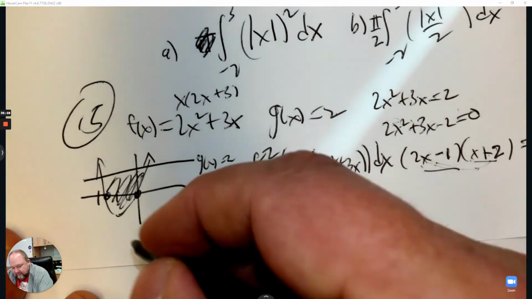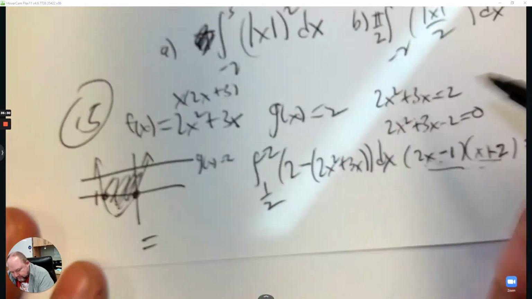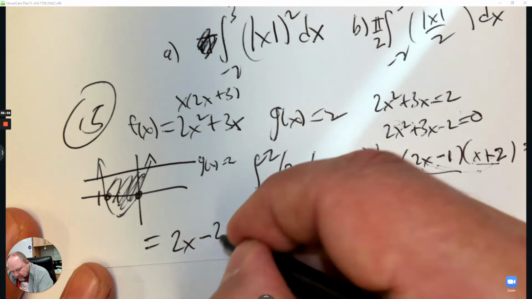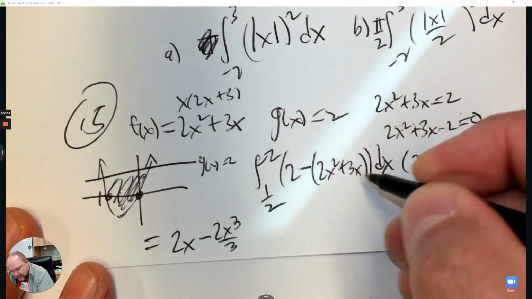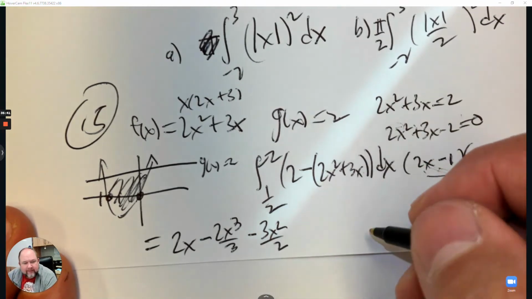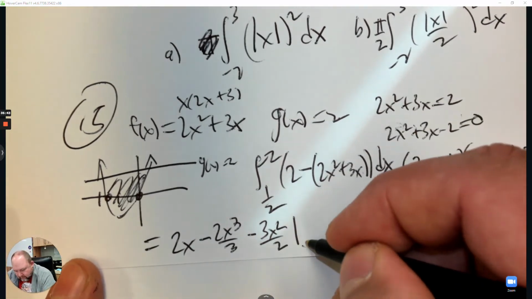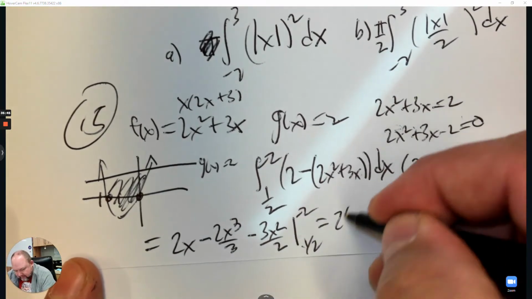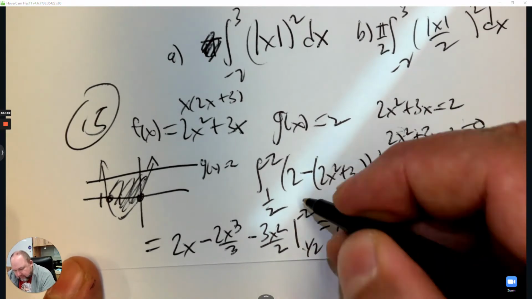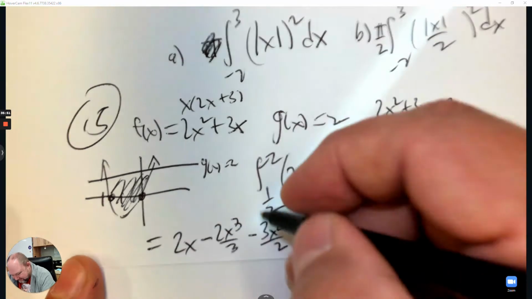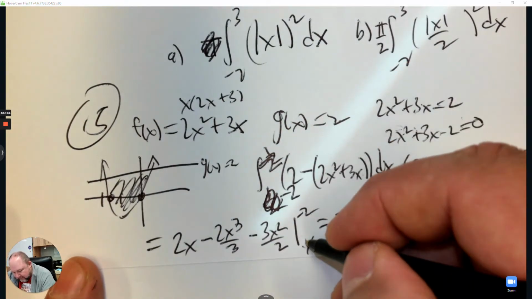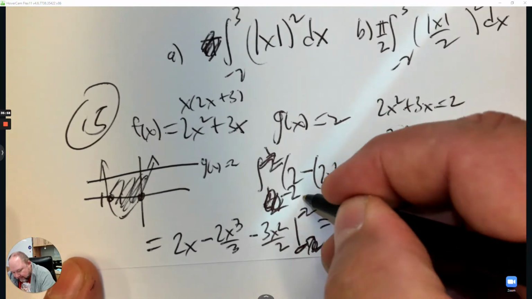And then integrate it. So 2 is 2x. This would be 2x cubed divided by 3. This would be negative 3x squared divided by 2. I'm integrating from 1/2 to negative 2, and then the last step is to plug in. You don't have to simplify. Oops, this should say negative 2 to 1/2. You probably saw that. Negative 2 to 1/2.